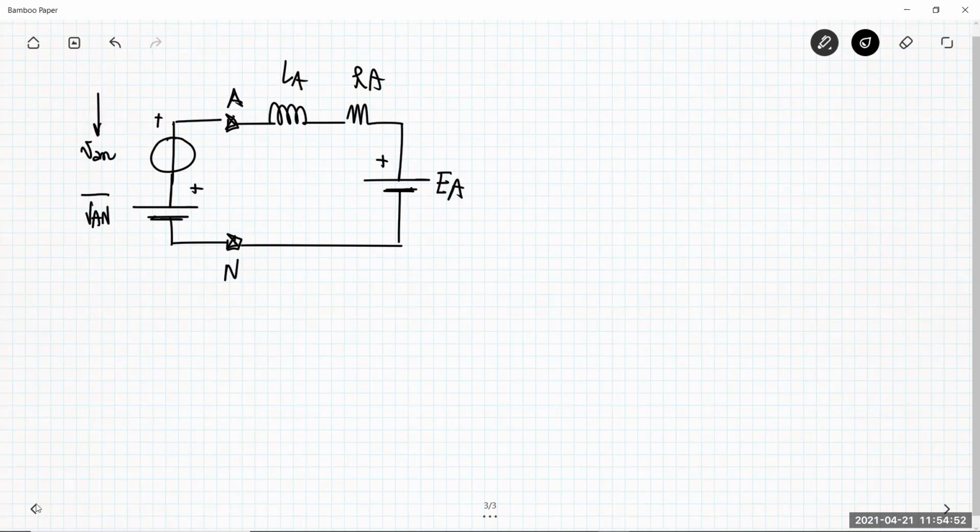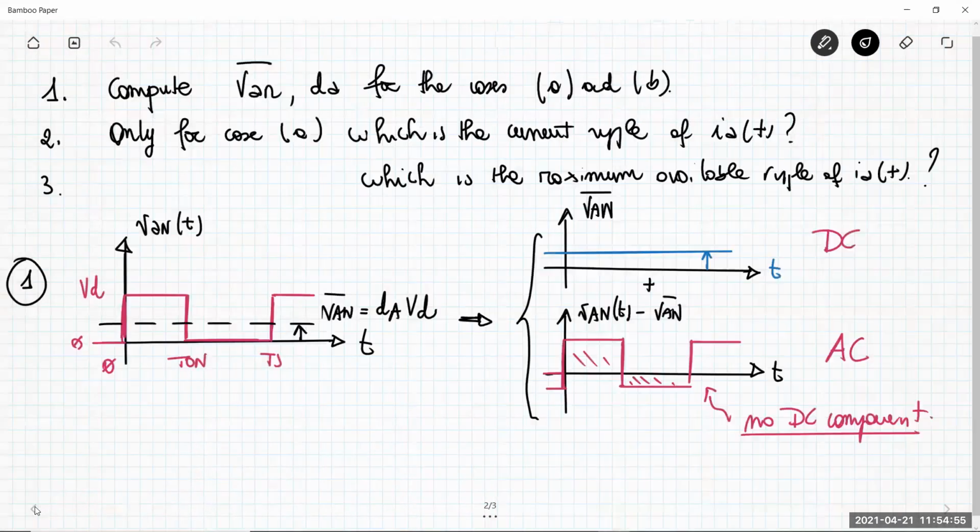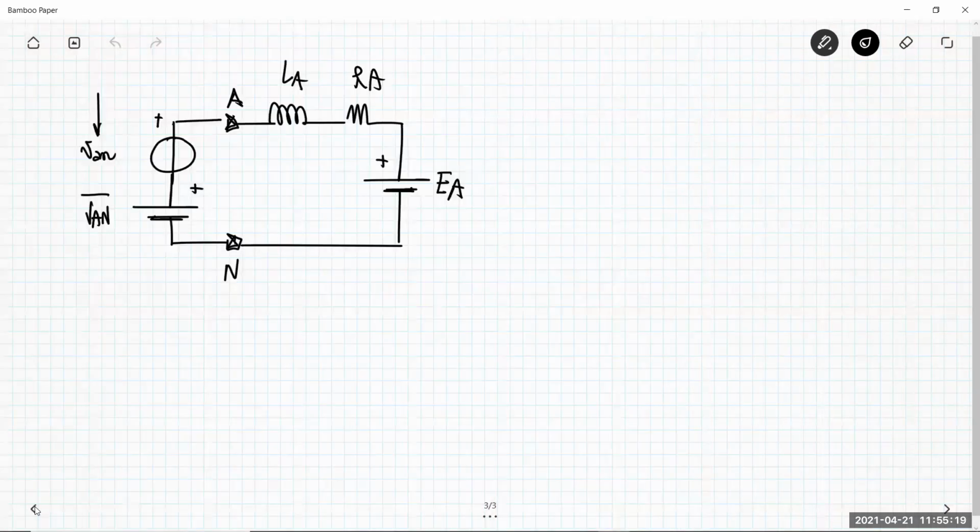Let me put the summation of DC and AC in this way, with a capital letter here, and this quantity here is vAN in small letters. So vAN here is just the AC part, and the summation of the two provides VAN.